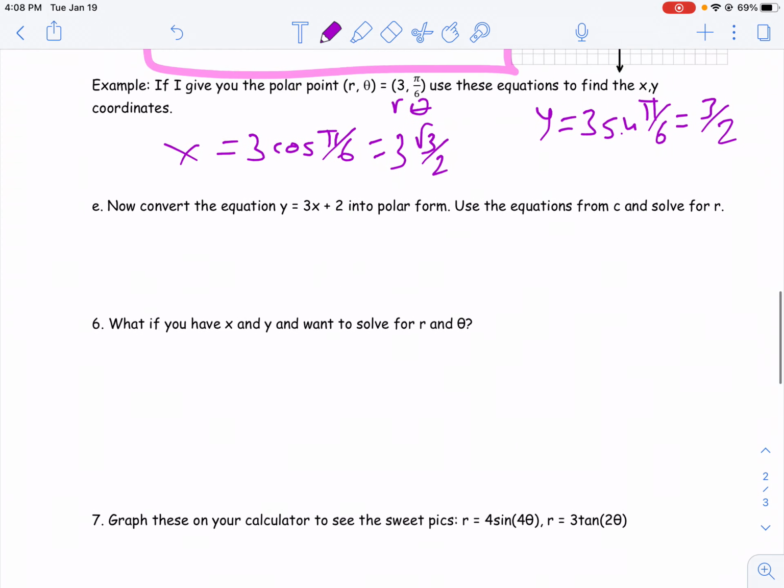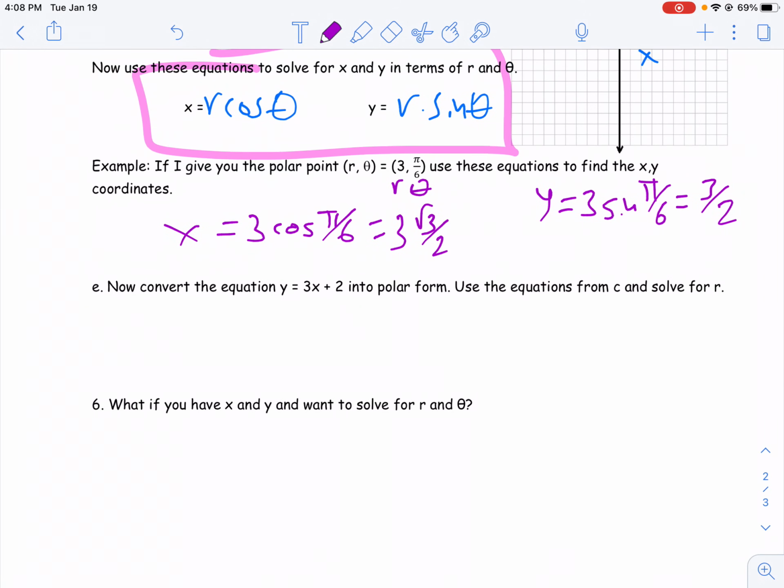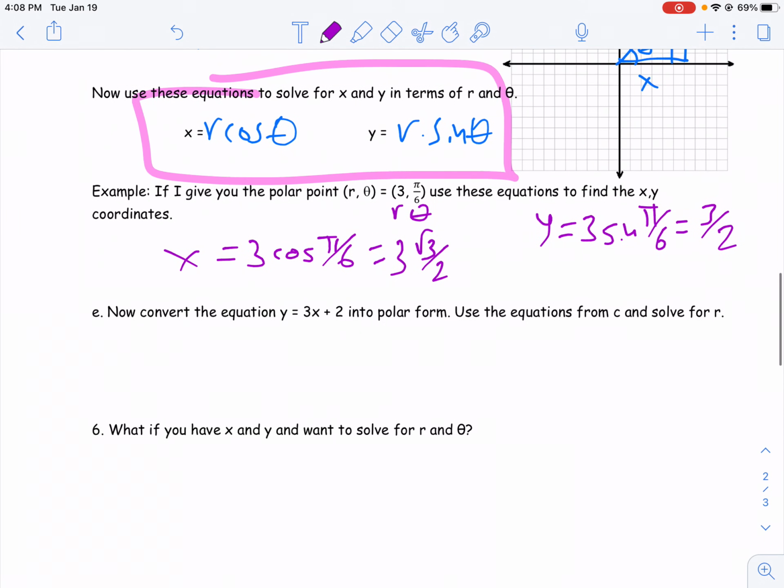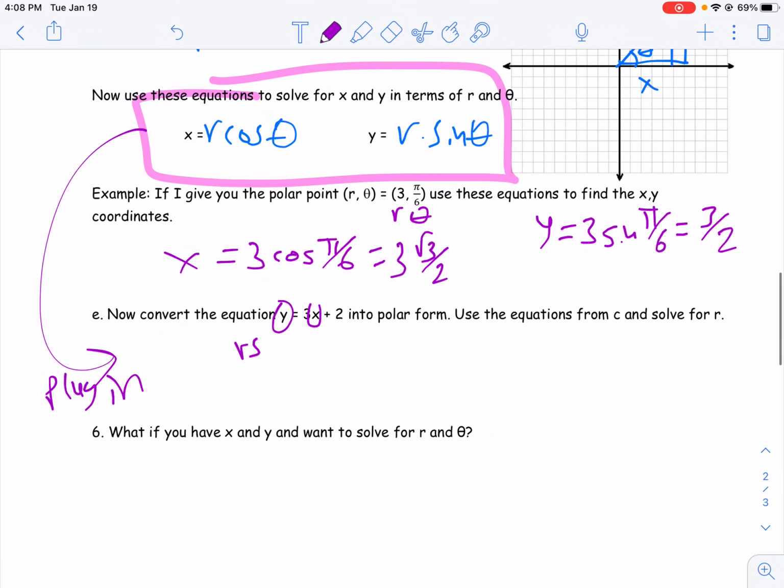You can do this if you have equations as well. So if you have y equals 3x plus 2, you can actually use these equations and plug them in. So I could take them and plug them into the y and plug them into the x. So I'm going to get r sine of theta equals 3 times r cosine theta plus 2. Now, when you put something in polar form, just like regular form, we want to have a y equals.